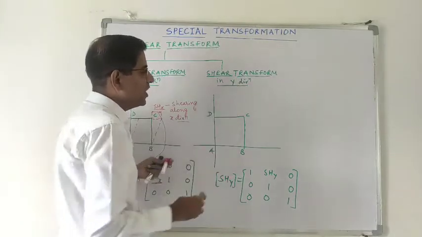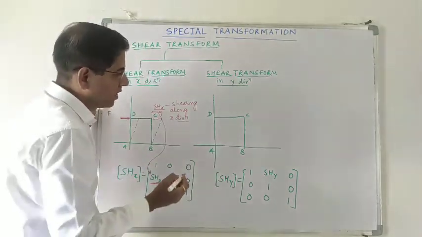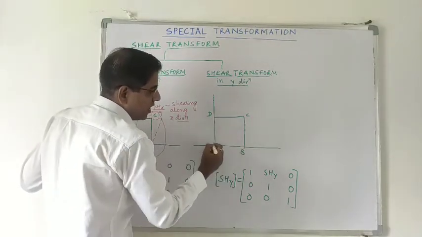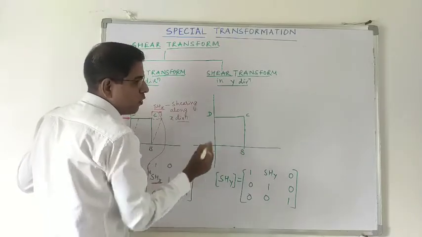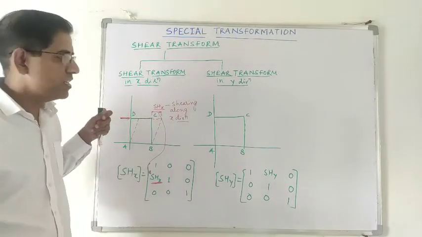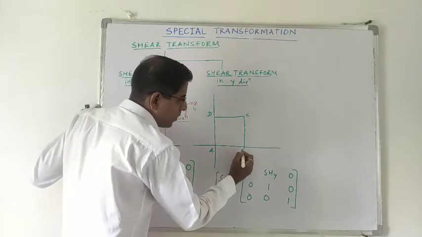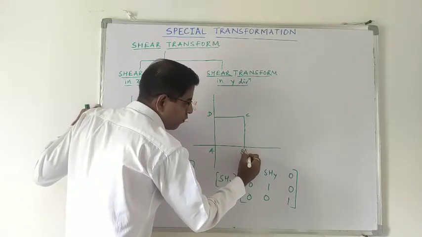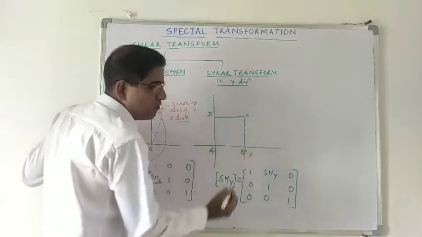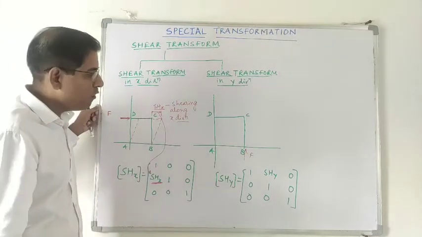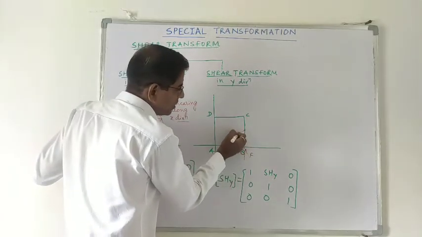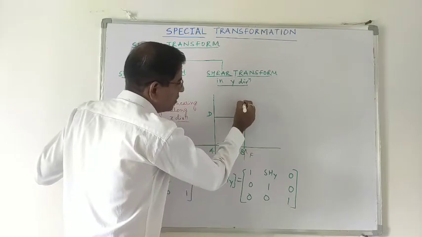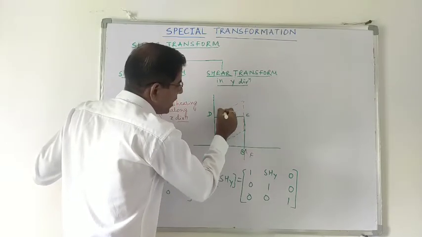Then what is shearing along y direction? For that, again consider a rectangular plate A, B, C, D, and this time we are applying force in y direction. So obviously because of the force, this rectangle would shift something like this.